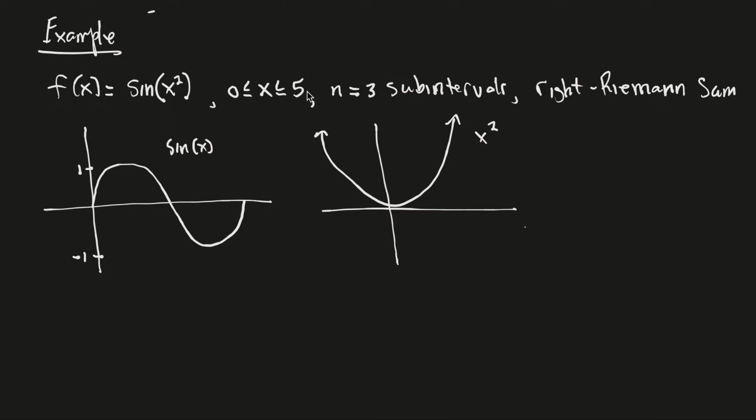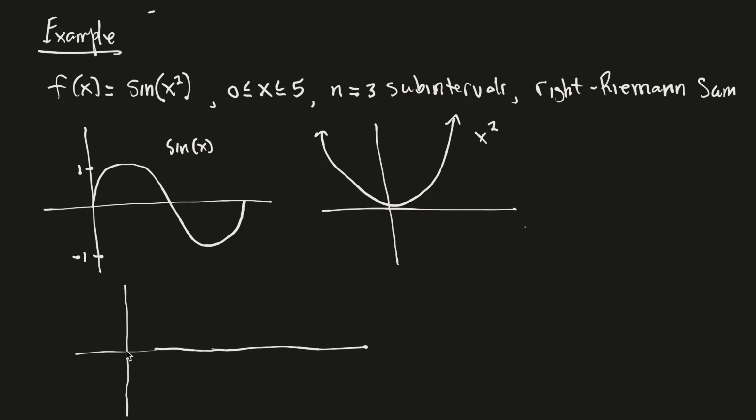So if you square an x value in this interval, you're going to get numbers that range from 0 to 25. So you'd expect to see more than one period of oscillation when we sketch it. And that's what you'll see. But it looks a little bit different. It's not quite as simple as the sine of x function.